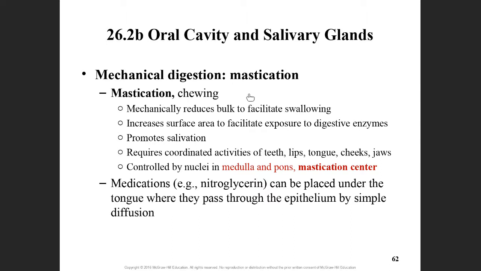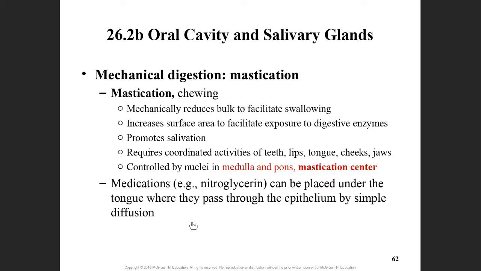It requires the coordinated activity of our teeth and the skeletal muscles in our lips, tongue, cheeks, and jaw. All of them are controlled by the nuclei which are located in our medulla oblongata and also our pons. This region is called the mastication center.